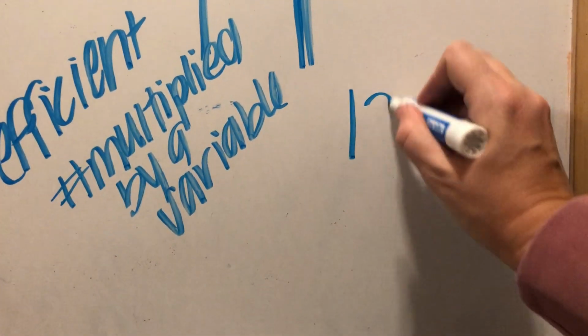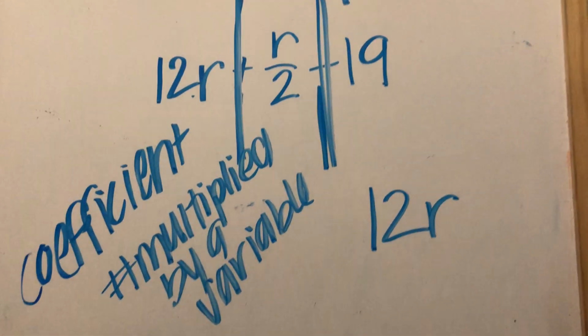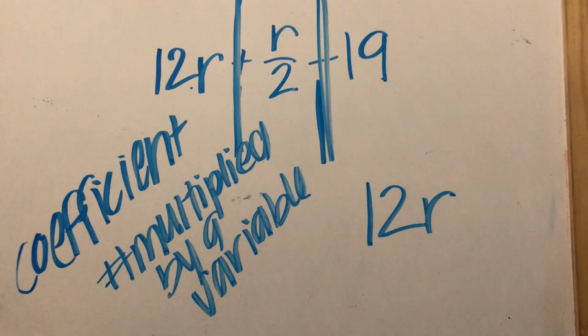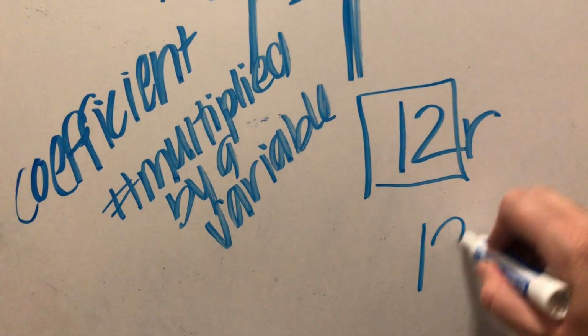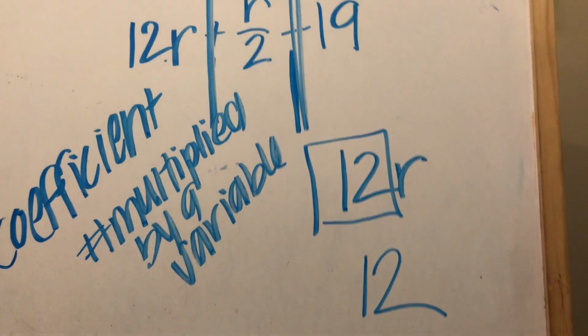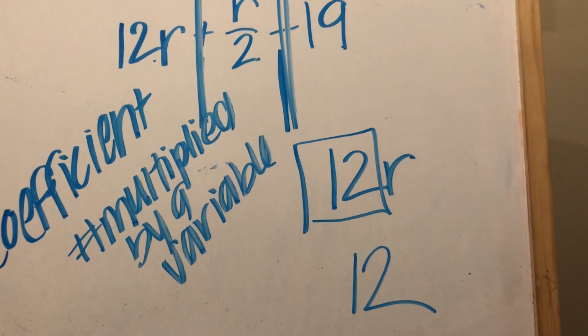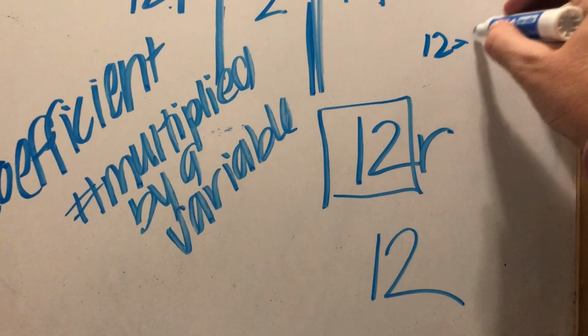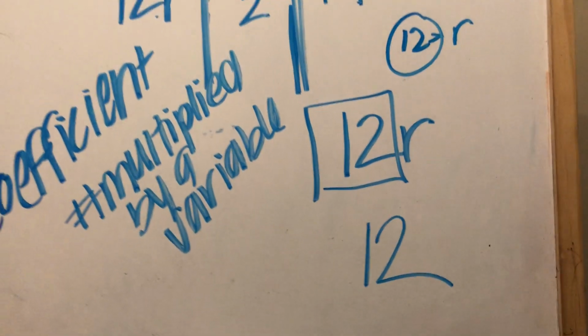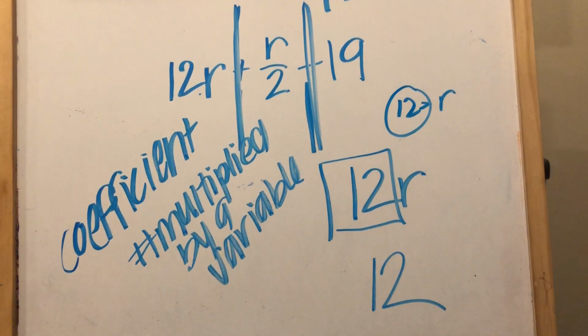If we're taking a look at 12r, where we have a number multiplied by a variable, the coefficient here is 12. It's the number that you multiply by the variable. So whether it's attached to it or it might be 12 times r, same thing, our coefficient would be 12.